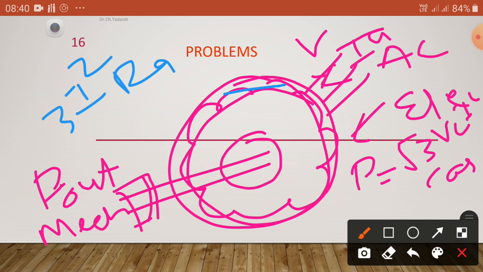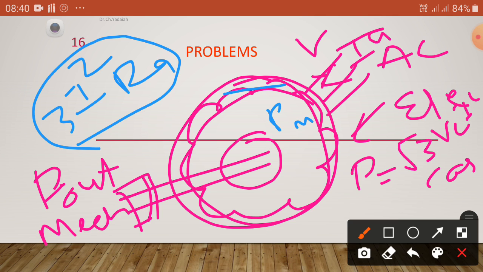Of the total input root 3 VL IL cos phi, some energy is consumed to meet the copper losses, the I square R losses. The remaining mechanical energy PM developed in the motor is given to the rotor.